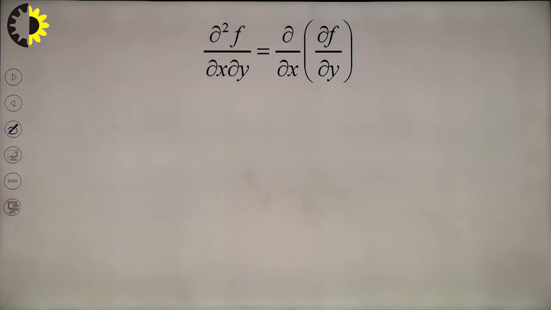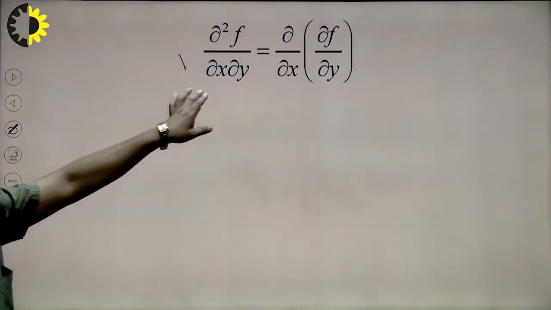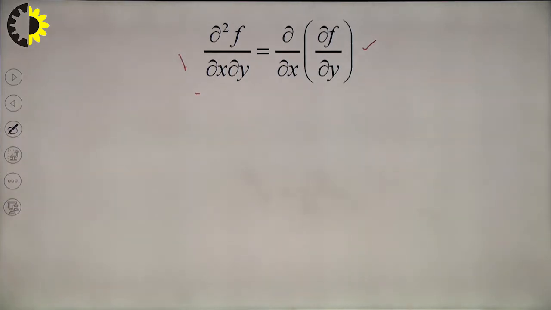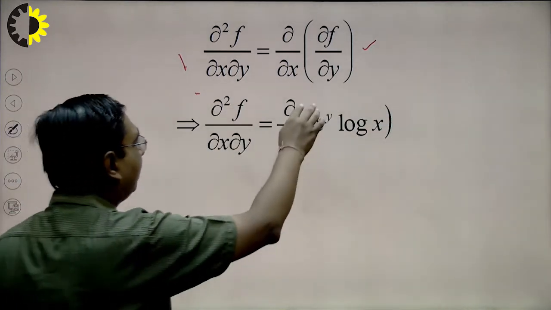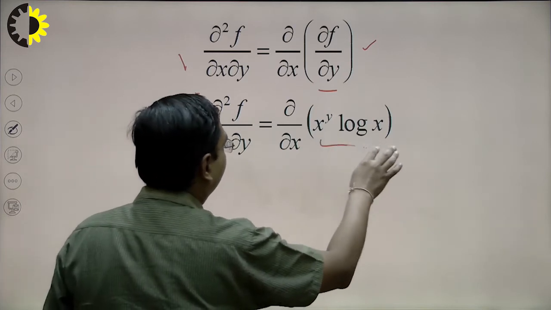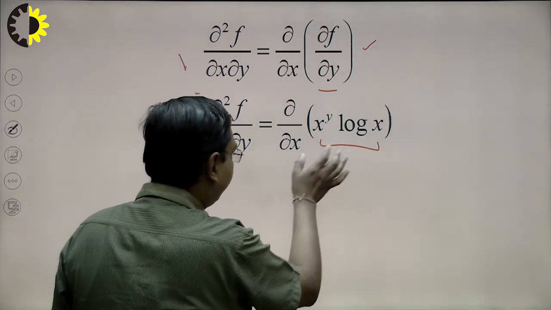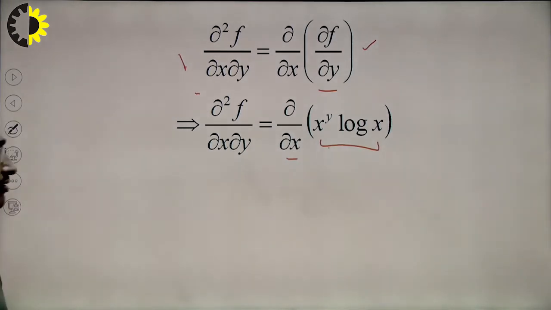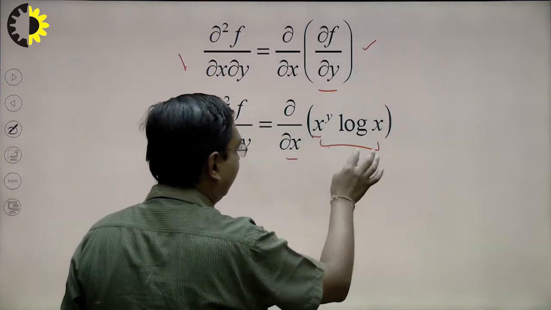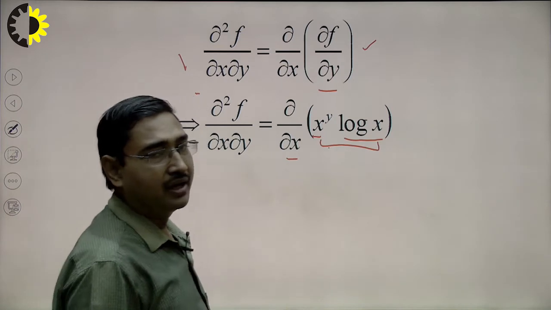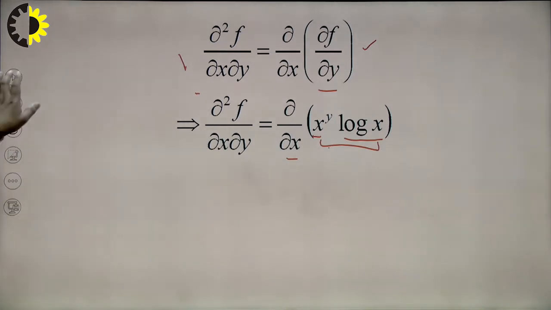We now calculate next derivative, which is del 2f over del x del y. This del 2f over del x del y is nothing but del over del x of del f upon del y. This del f upon del y was nothing but x raised to the power y log x, which we have calculated earlier. Now to differentiate it with respect to x, we observe that x is present here also and x is present in next term also, and in this case we are required to apply product rule of differentiation.